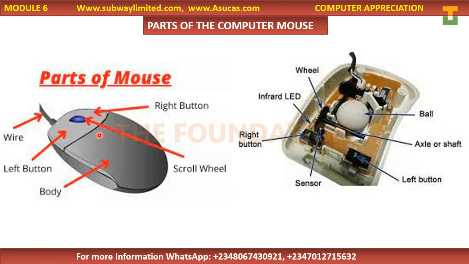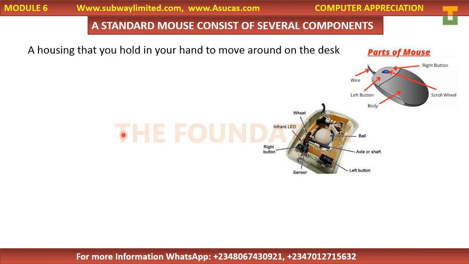If you flip the mouse to the bottom, you see a screw inside of it. That is where you can open your mouse and troubleshoot it if there is any problem. Most times dust can affect your mouse, so all you do is open it and clean it and it will start working again.